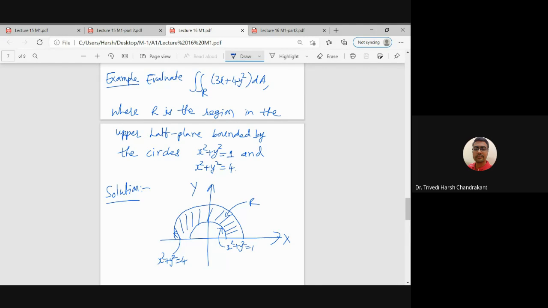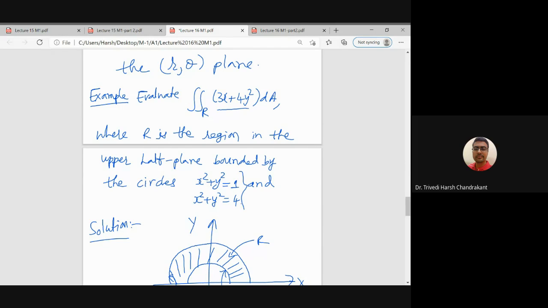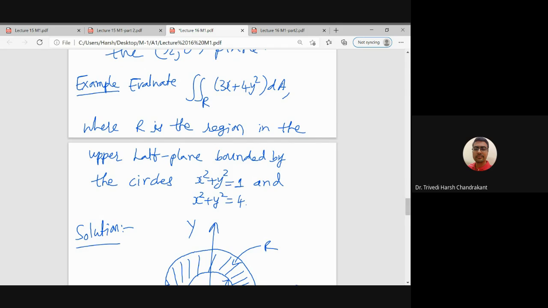So depending on what question is given, whether the function is in terms of x square plus y square or the region is in terms of x square plus y square, we shall decide that we will be able to solve this problem by change of coordinates to polar coordinates, because the region is bounded by circles.